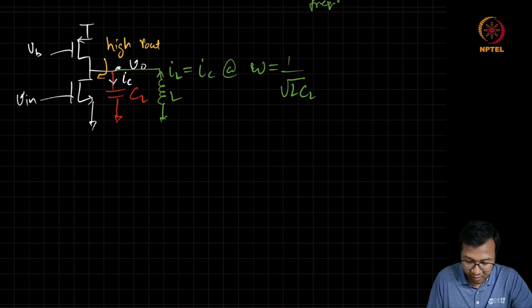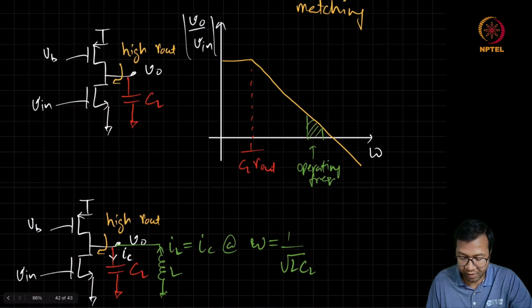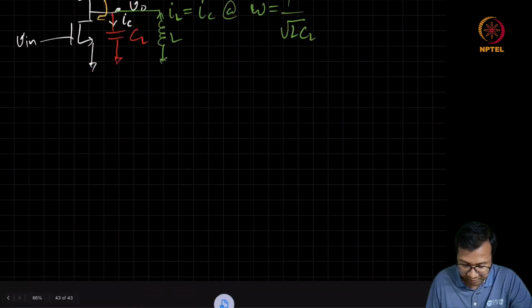Now this will happen exactly around this omega. So around this omega frequency, we can expect high output impedance, whereas the other frequencies will see low output impedance. Whereas without the inductance, only at low frequency could we see high output impedance, and at high frequency we see attenuation because of CL.